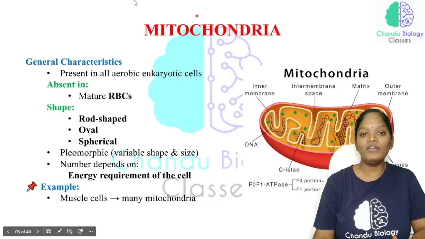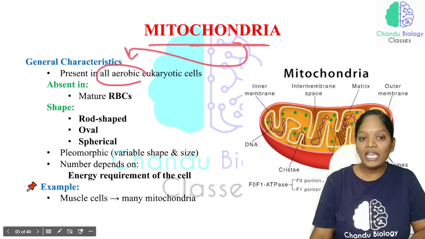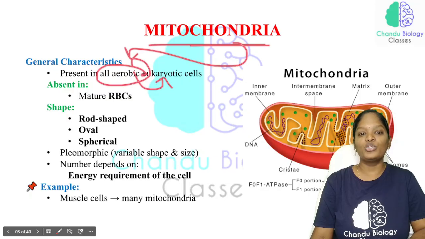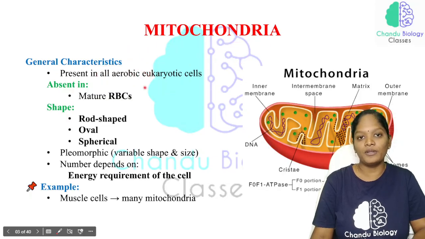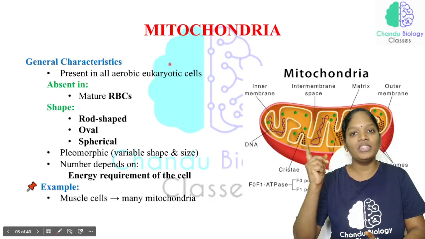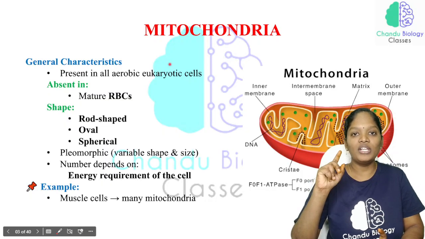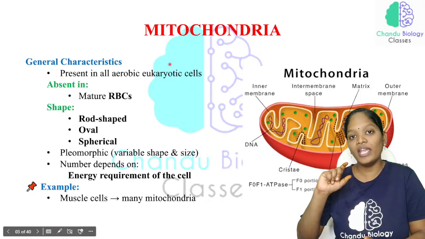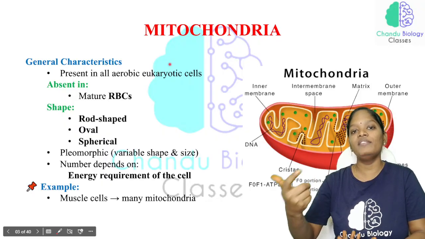So that is why we say mitochondria is present in all aerobic eukaryotic cells. You should not wonder why it is aerobic and why not anaerobic. I just relate this mitochondria to the endosymbiotic theory, where the aerobic bacteria evolved into the mitochondria.